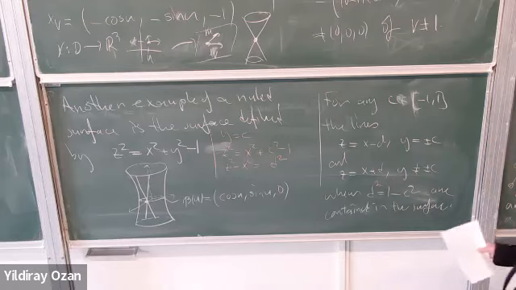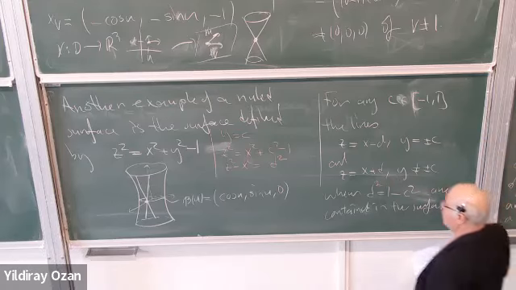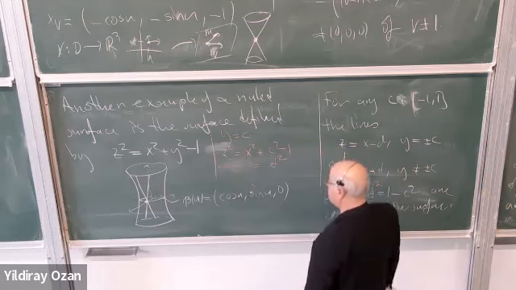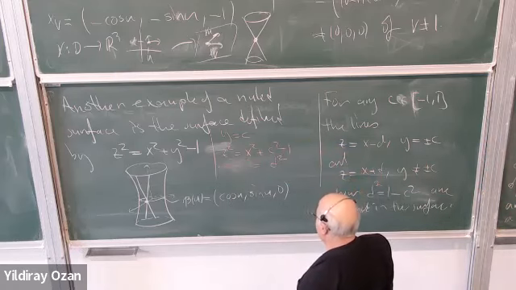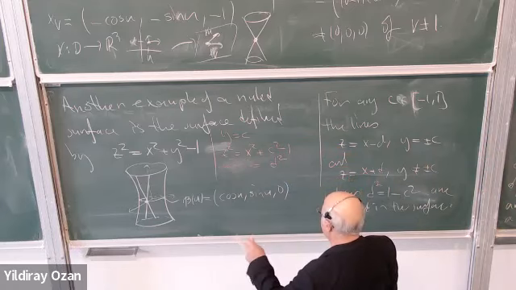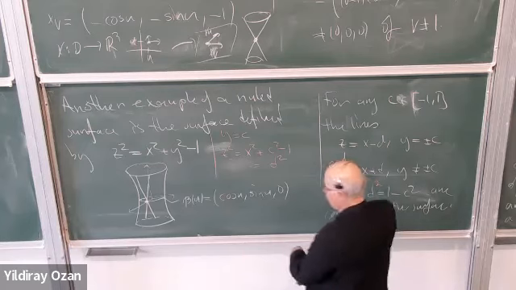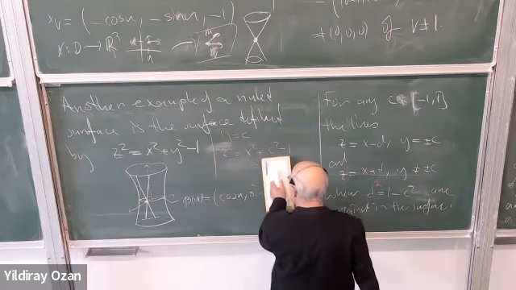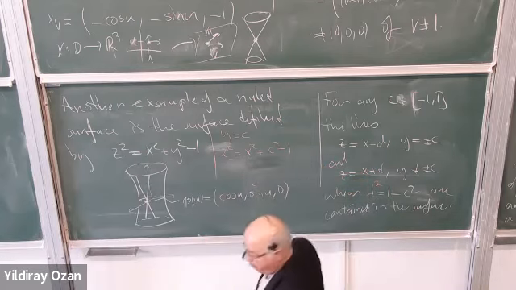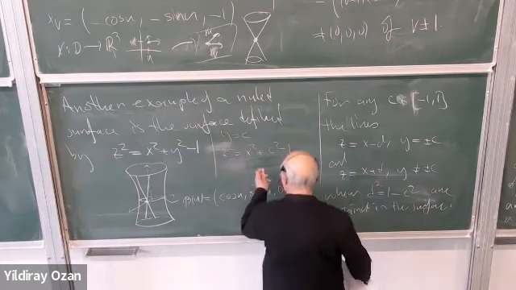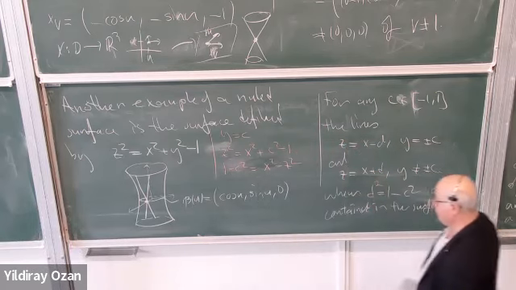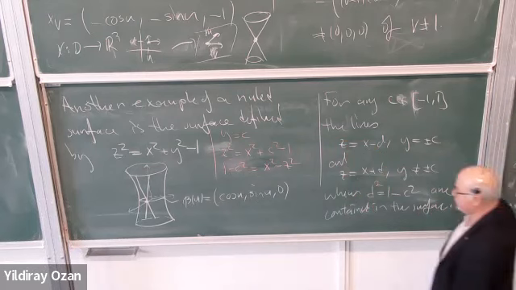Wait a minute. Okay, this is not correct. I should write it this way: 1 minus c squared equals x squared minus z squared. Okay, now this is d squared.